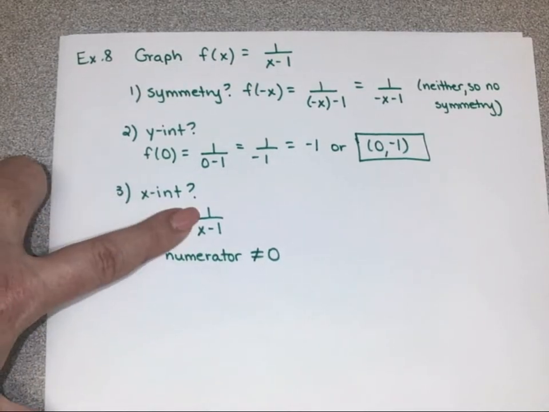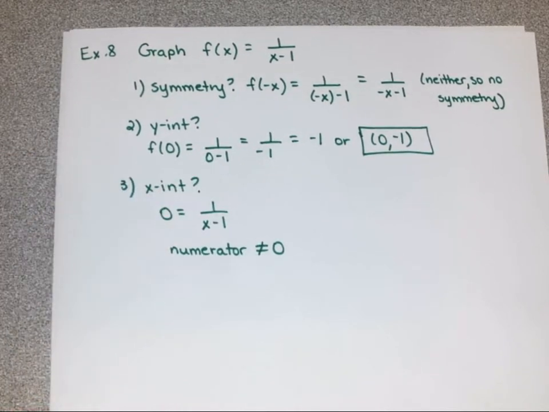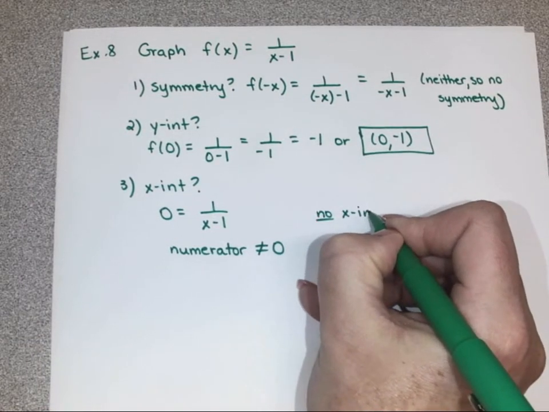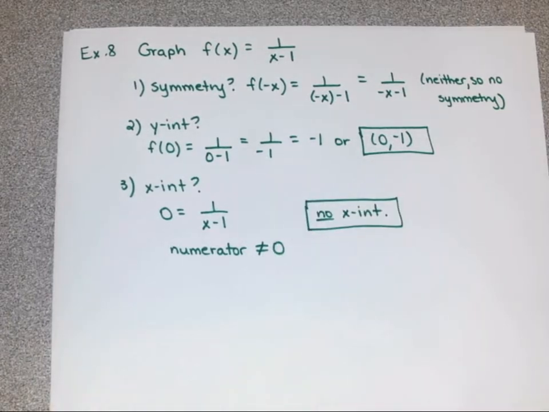The numerator is the number what every time? 1, right? It can't be 0. So if you can't set the numerator equal to 0, then what do you think that means? There's no x-intercept, that's what it means. So what does it never ever do when we graph this thing? Never touches the x-axis.